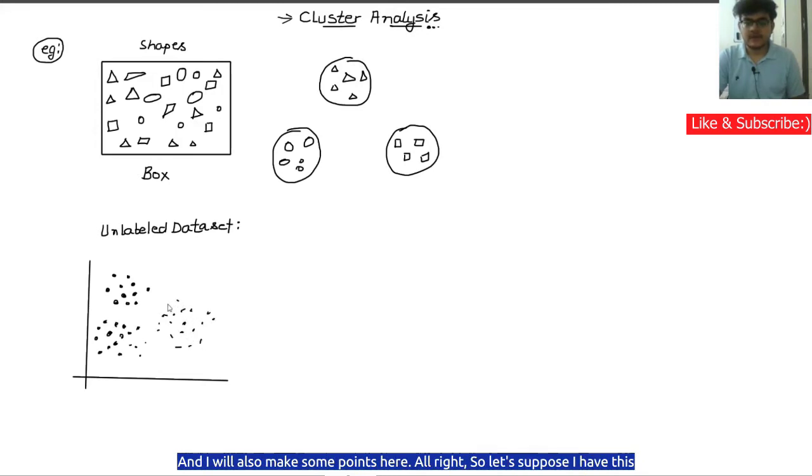So let's suppose I have this unlabeled dataset on this graph. Now in clustering, what we do is we find the similarity among the data objects of the unlabeled dataset, and we try to organize them in different clusters.